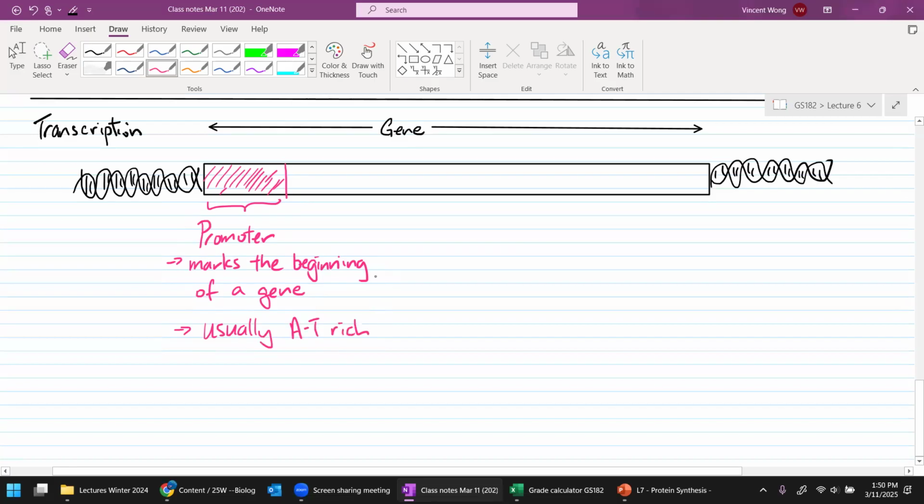There are a lot of adenines and thymines in it. Do you remember how many bonds hold A and T together? 2, that's right. Compared to 3 with C's and G's, right? So if I want to copy the DNA and I want to open up the gene here, if it's rich in A and T, then it makes it easier for you to open up the DNA.